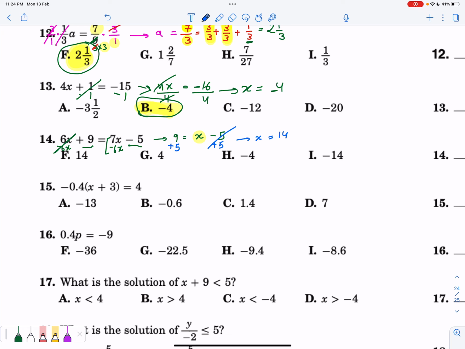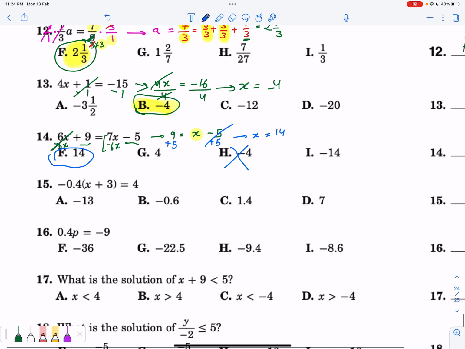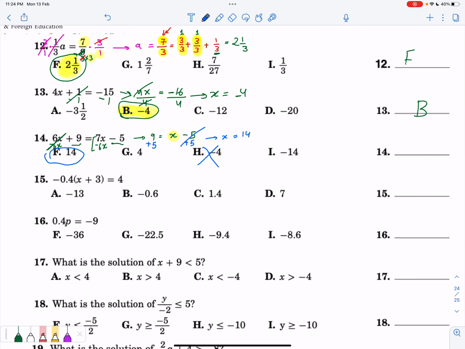Yes, we're good. So I guess, yeah, the correct answer is positive 14. Yes, so it is gonna be number F, not H. We need to fix that.